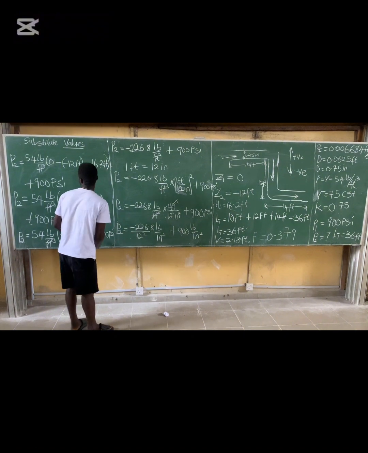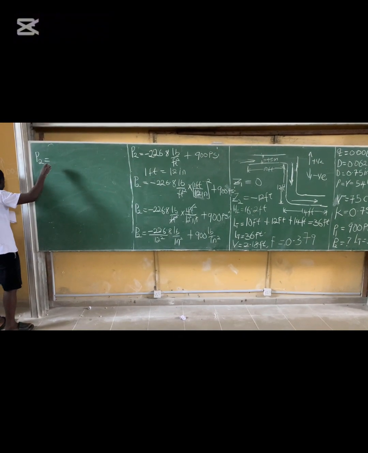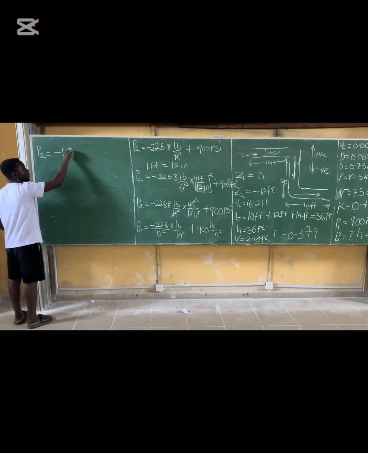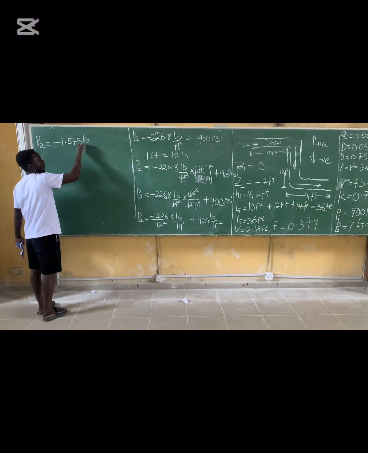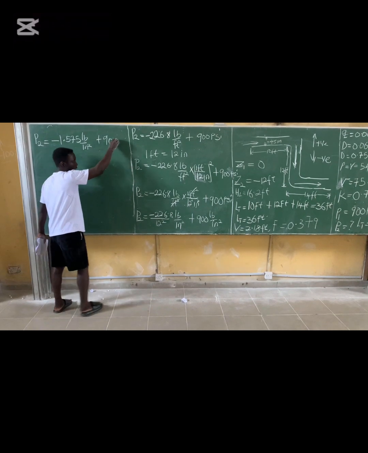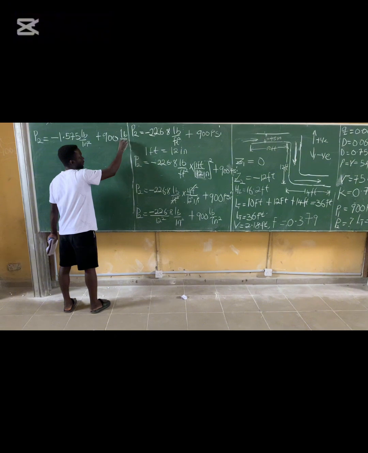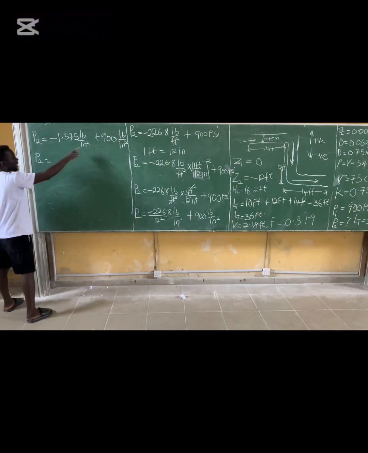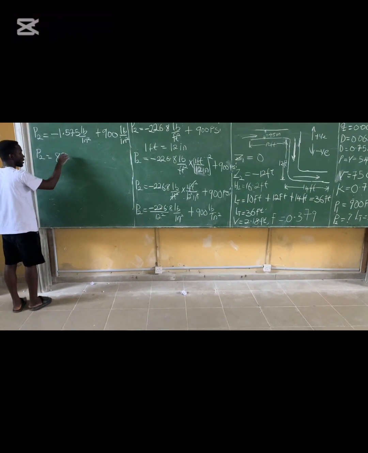So if you divide this, P2 will be equal to minus 1.575 pounds per inch square plus 900 pounds per inch square. Adding these two together, P2 is equal to 88.4 pounds per inch square.